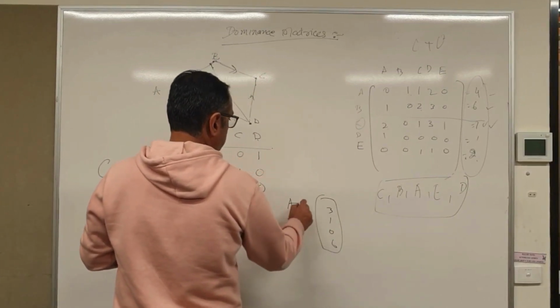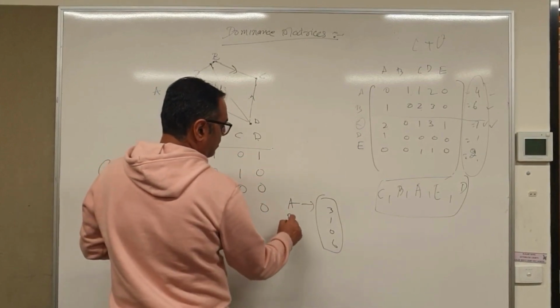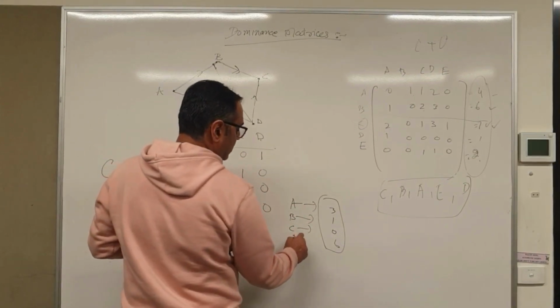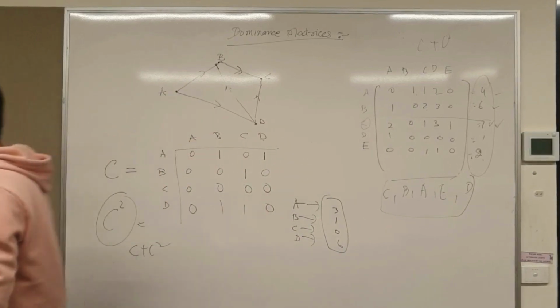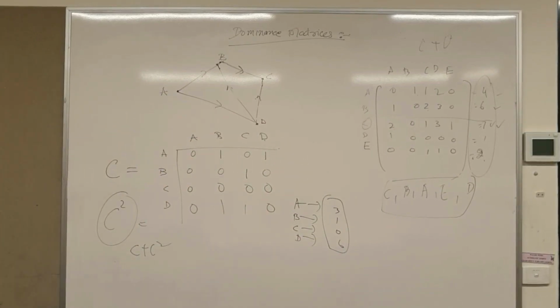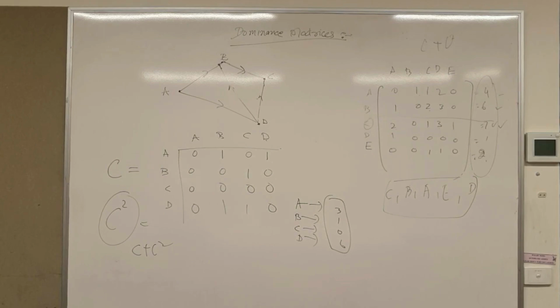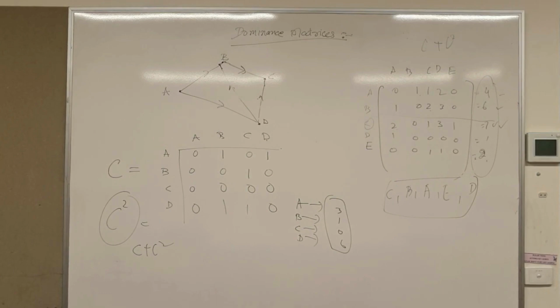So row A will total up to 3, row B will total up to 1, row C will total up to 0, and row D will total up to 6. Alright? Cool. So there's nothing more in it. If you want to try one more question, I can give it to you.